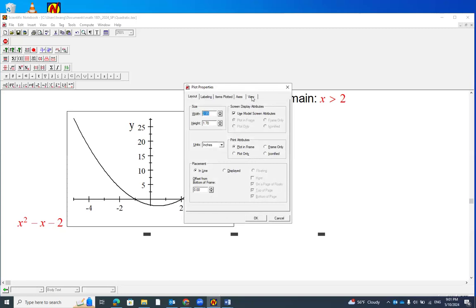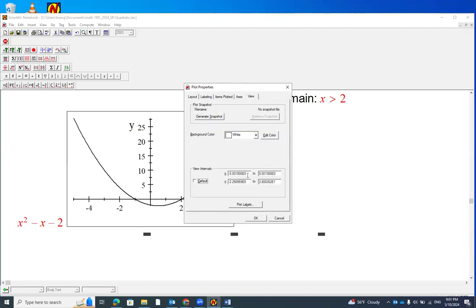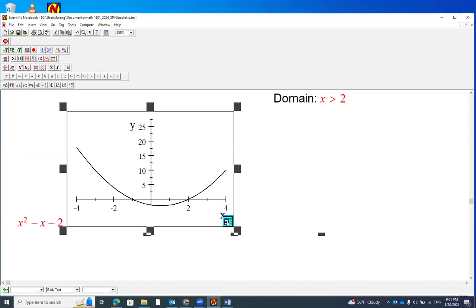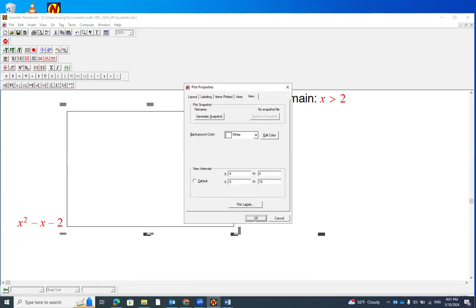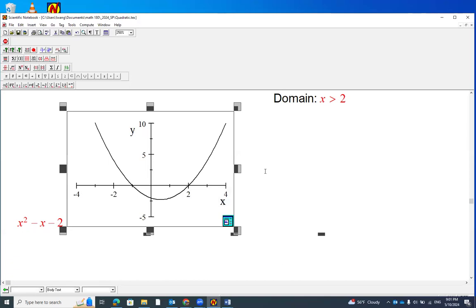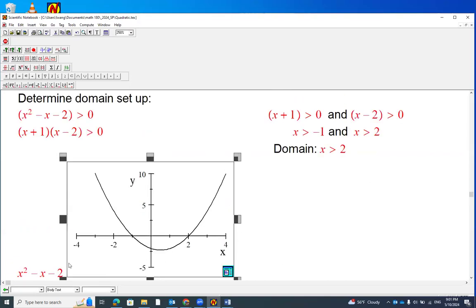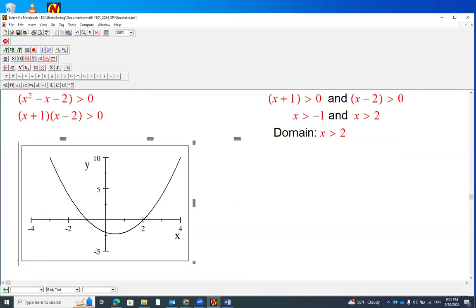Let me make a little adjustment to the picture, and horizontally I'm going to have -5, just to make it visibly better. Okay, so that's the curve we're working with.